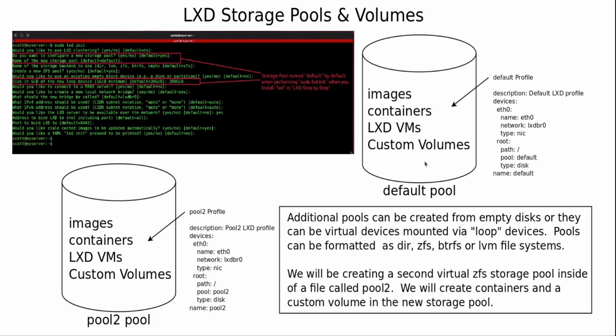So you can define additional pools that are created from empty disks on your systems, or they can be virtual disks that are mounted via loop devices. And I think I've got a couple of videos discussing how you can create virtual disks in Linux. And so you can create these pools for LXD using these types of file systems, including ZFS, BTRFS, or LVM.